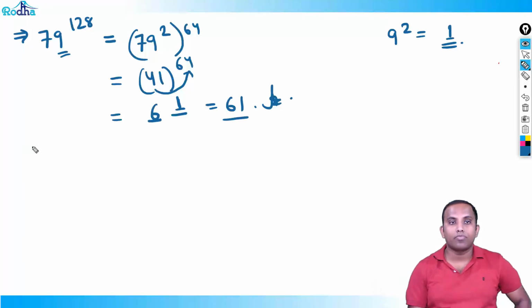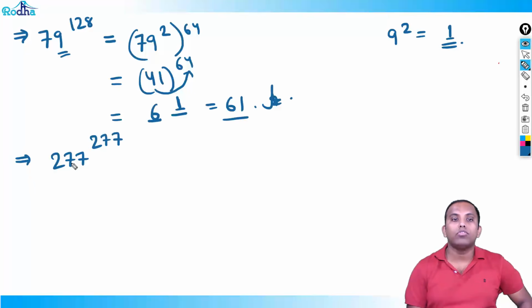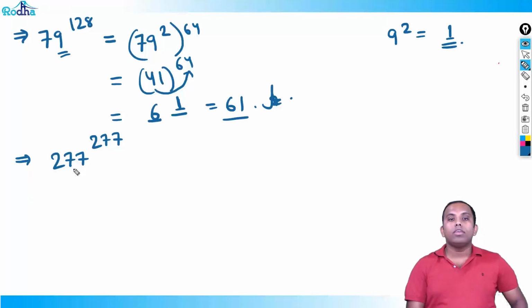Okay, now next one, let me write. What is the last two digit of 277 raised to 277? Now see here, 277 doesn't matter, because the last two digits will depend only on the last two digits of the base.